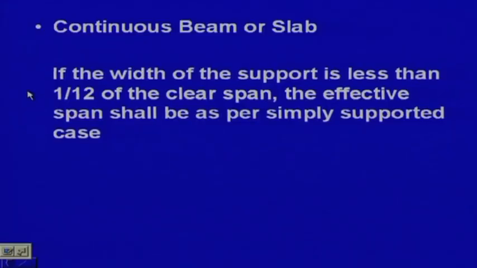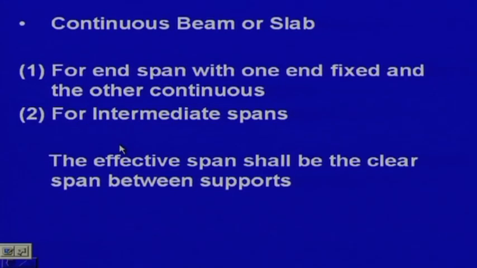That means it is dependent on the width of the wall or the support. But we do not stop here, there are further clarifications. For a continuous beam, for the end span with one end fixed and the other continuous. What is continuous?